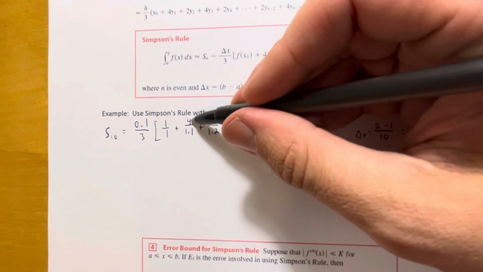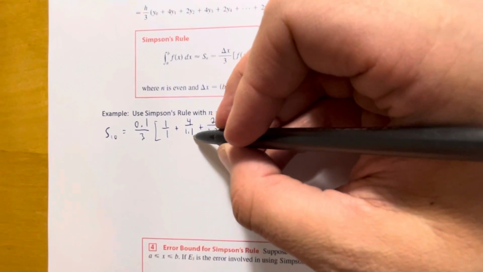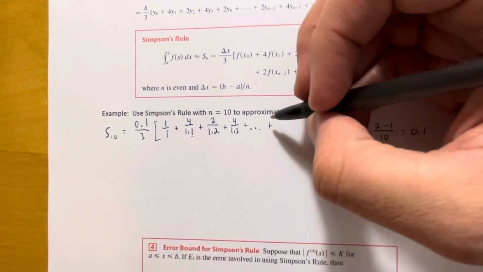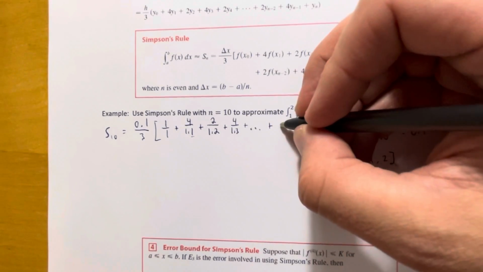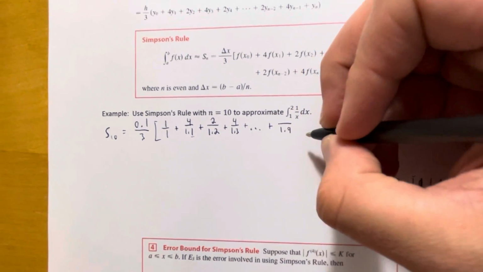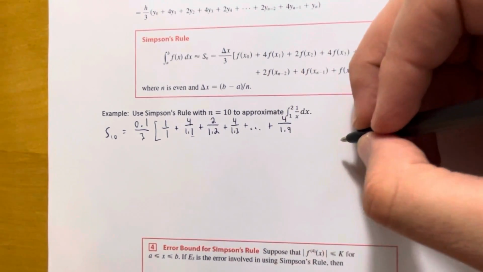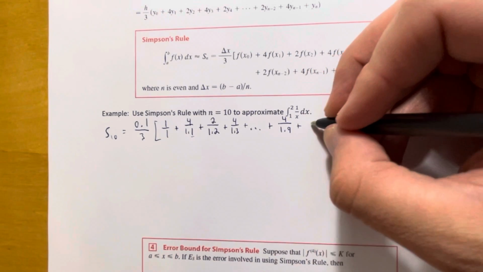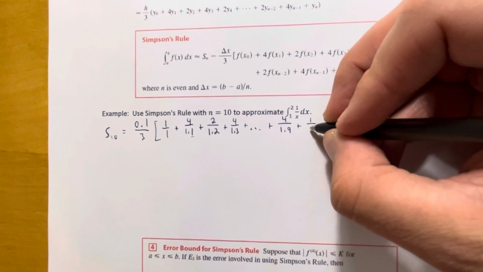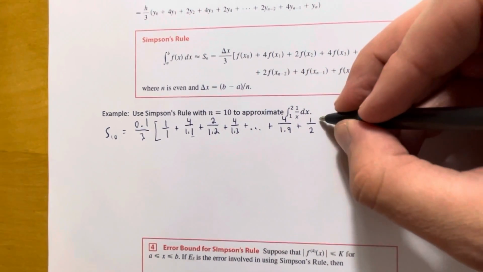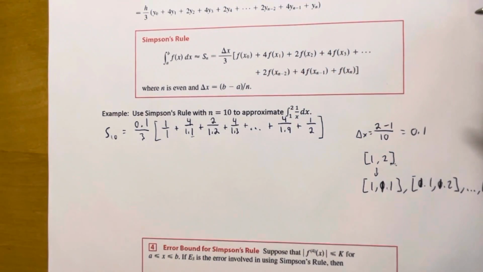Notice the 4s appear in the numerators where I have an odd digit in my 10th place. So if I'm trying to go all the way out to where my denominator is 1.9, I know that would be a 4 there. And then finally I'm going to have plus 1 over 2. That's the last endpoint plugged into my function there.